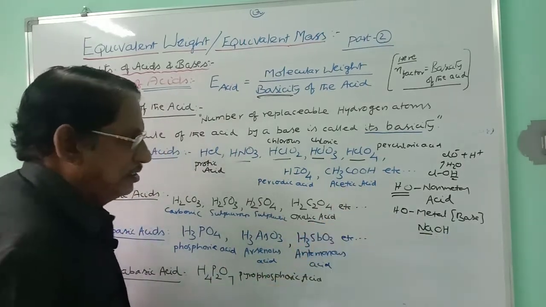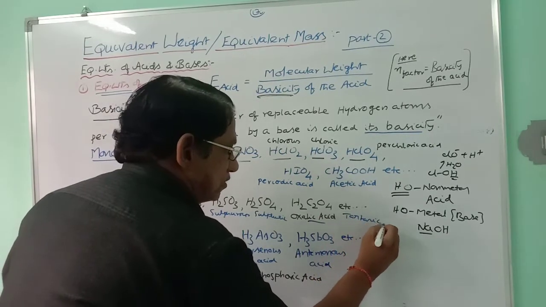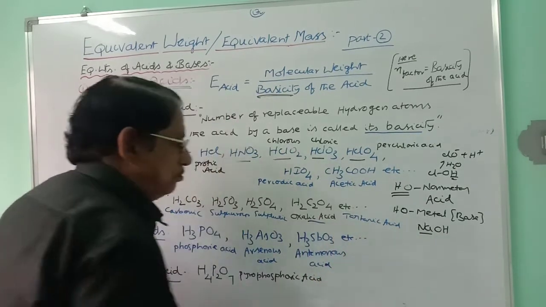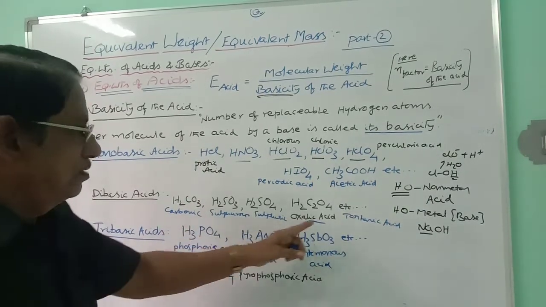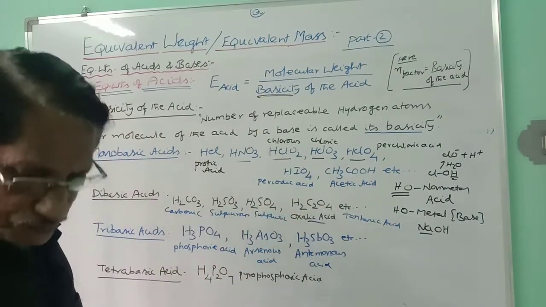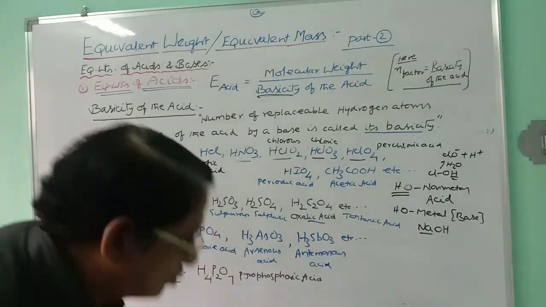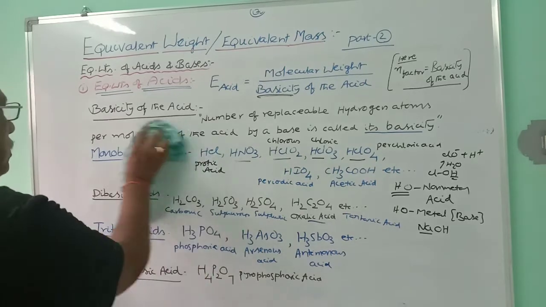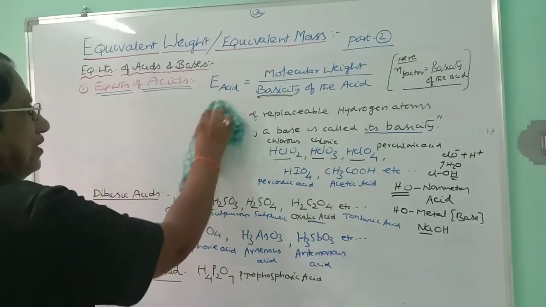Even you can take tartaric acid. All these are dibasic acids. Tartaric acid also is an example of a dibasic acid. And here all these are nothing but oxyacids. You can take, for example, the structures. Just for convenience, I am writing the structures here.